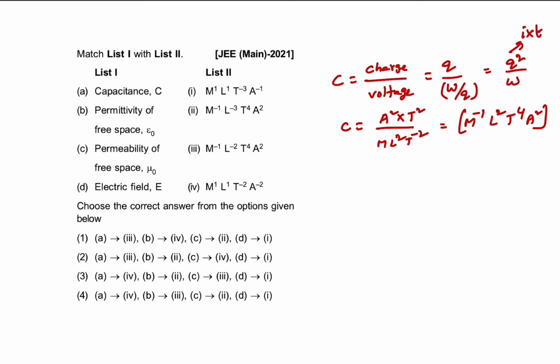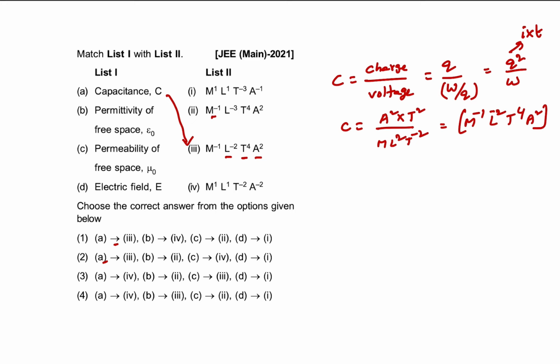You see which of the following is matching that. M⁻¹ is here, L⁻² is here, next T to the power of 4 and A². So capacitance is matching with 3. So there are two options there.